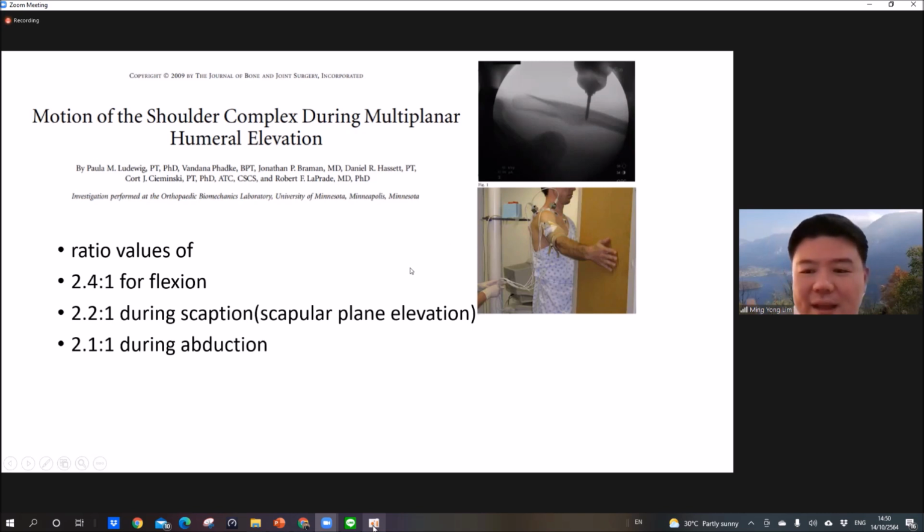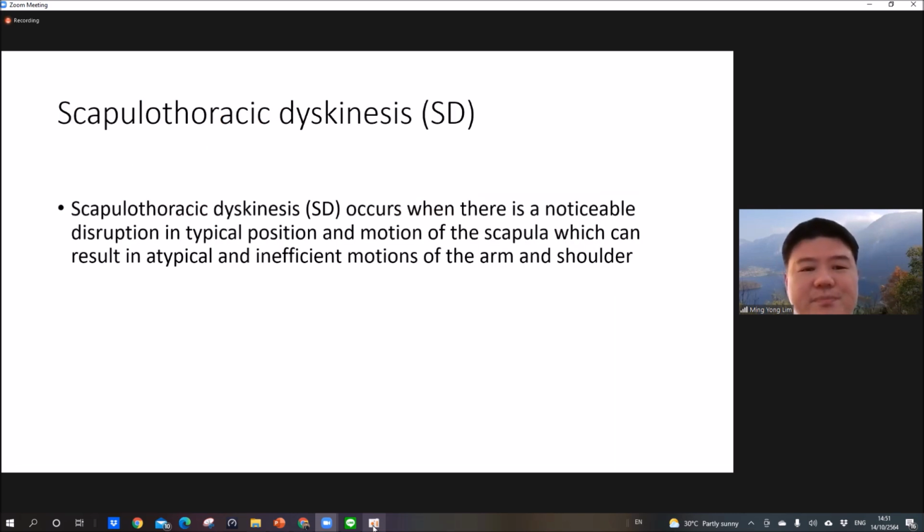Then they used a motion sensor to detect the rotation of the scapula and also the humerus. They came up with a ratio value of 2.4 for flexion, 2.2 for scaption, which is elevation in the scapular plane, and abduction is 2.1. So it's around 2 something, the ratio.